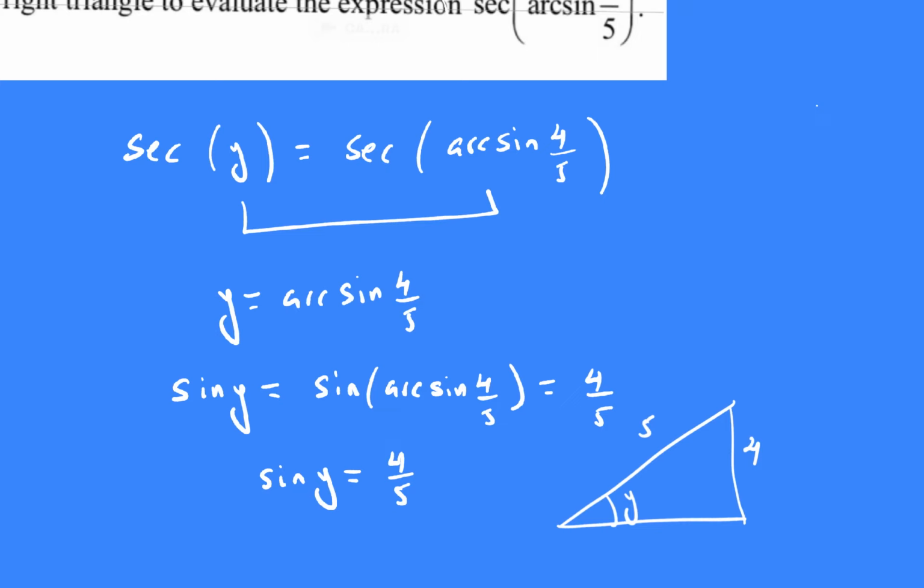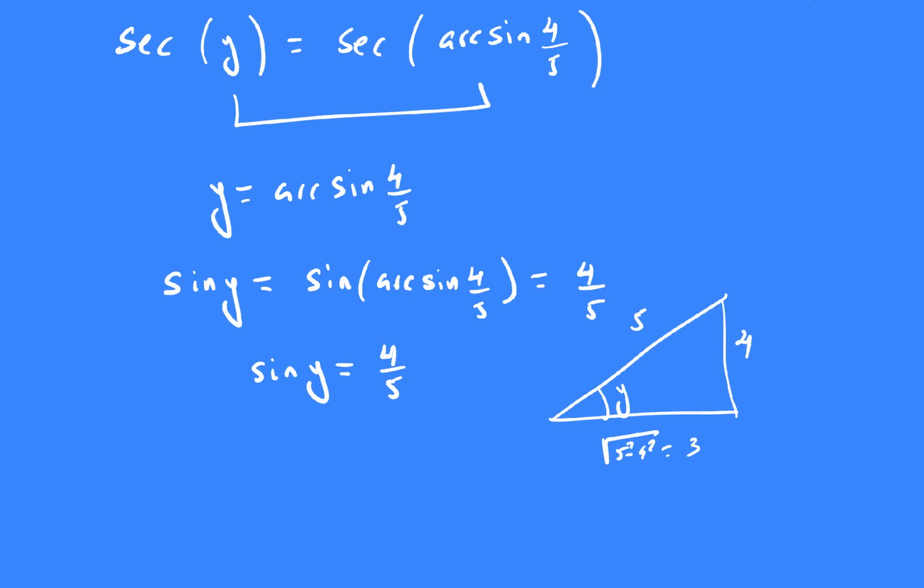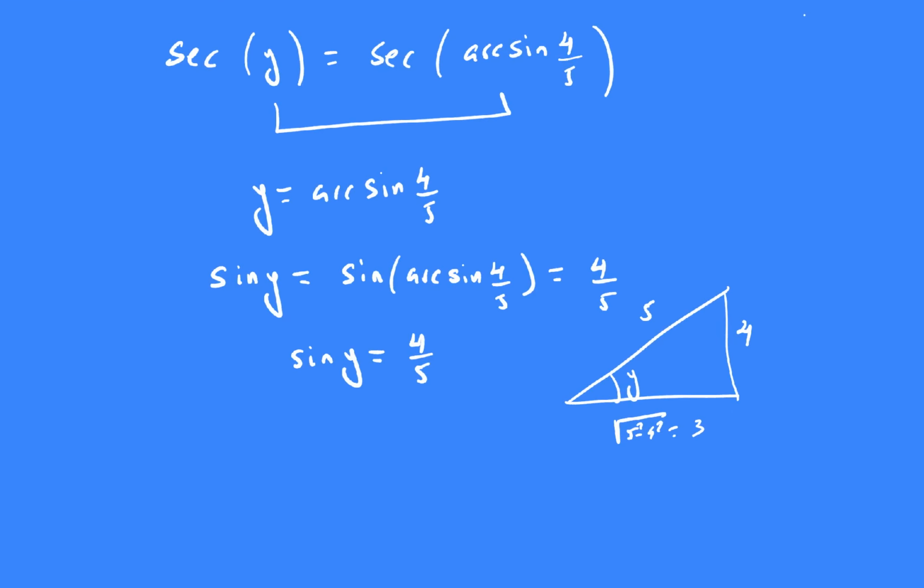The adjacent side should be the square root of 5 squared minus 4 squared, and what is 5 squared minus 4 squared? It is 9, so the adjacent is 3. And the problem is asking me to find secant of arc sine of 4/5. In other words, find secant of y, because this is y.